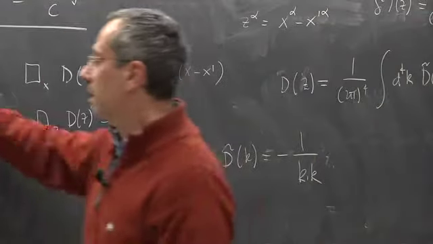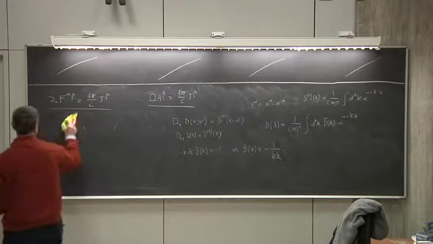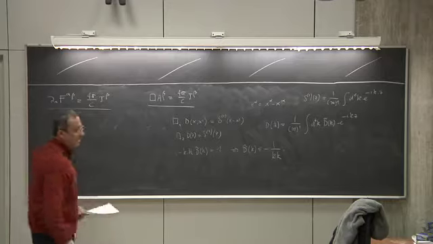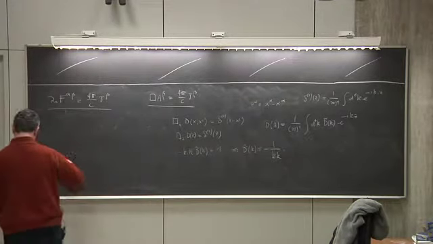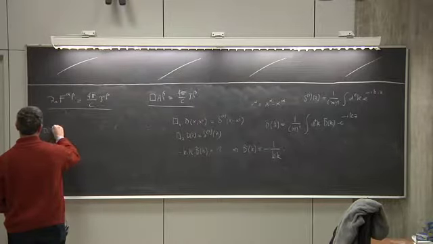But now, as usual with this Fourier business, what is a little bit tricky is to come back into ordinary space from k space, because now you have to write what your solution is.